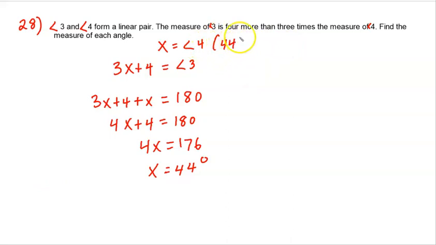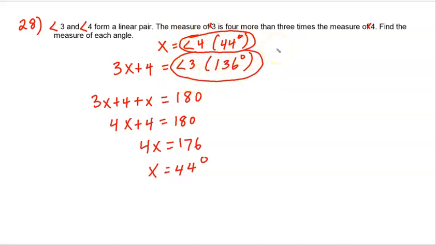And so now when we do 3 times 44 plus 4, we'll have angle 3, 136. Circle them like this. Angle 4 is 44. Angle 3 is 136.